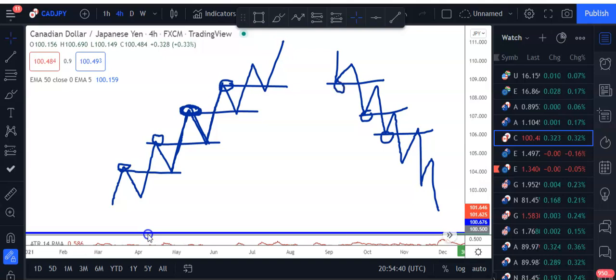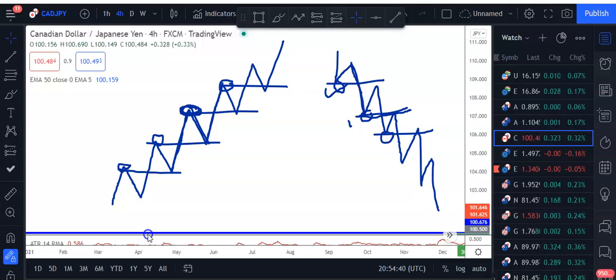So for me to conclude personally that the market is in an uptrend or a downtrend, I would like to see the market breaking two levels. So if I see this one being broken, I'll wait for the market to make a move to the downside and break this level here again.